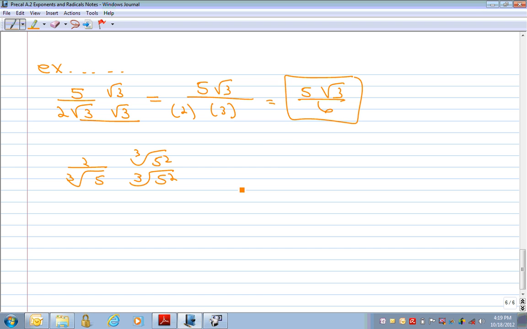If you don't quite understand that, take a look over here. If we had the cube root of 5 times the cube root of 5 squared, the cube root of 5 squared would be the cube root of 25. So the cube root of 5 times the cube root of 25, you would multiply the 5 and the 25, and you would get the cube root of 125.